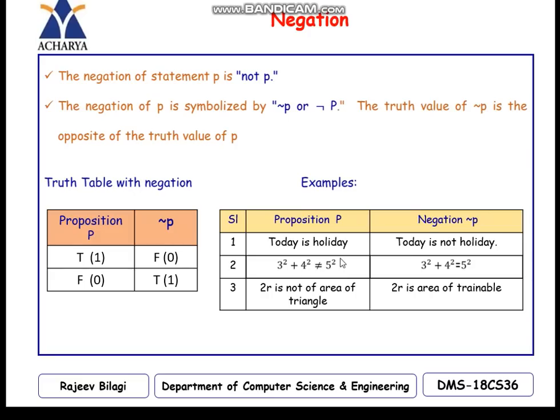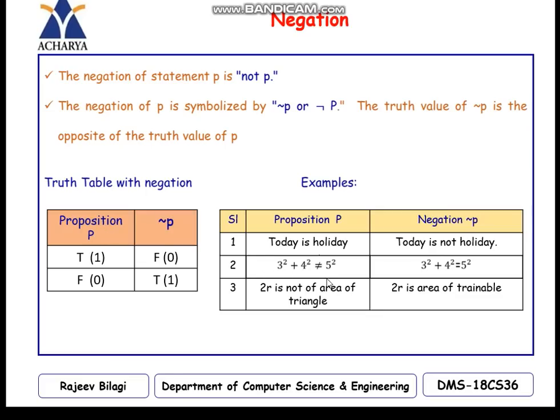If a proposition P is true, then the negation of P is false. If P is false, then the negation of P is true. That is, if it is 1, it becomes 0, and if it is 0, it becomes 1. So this is the truth table for the negation of a proposition P.